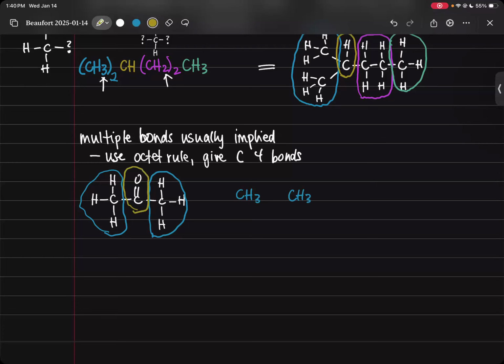That's going to be that C double bond O. And as a convention, rather than writing C double bond O like that, we're just going to do CO.